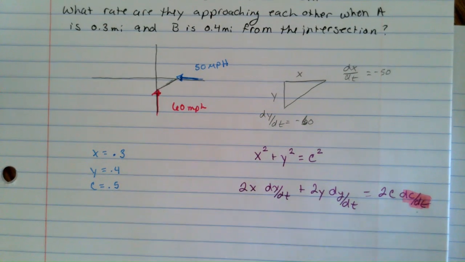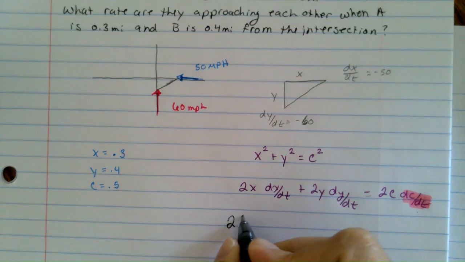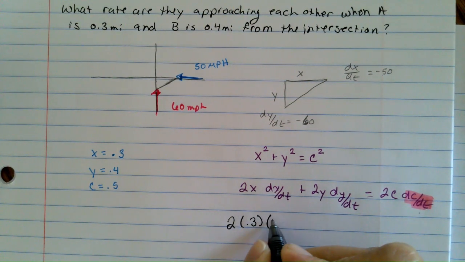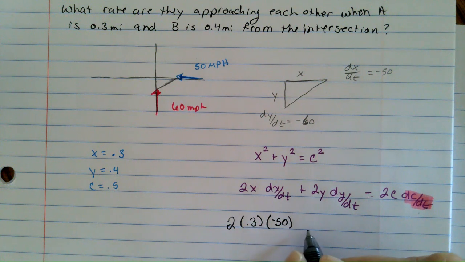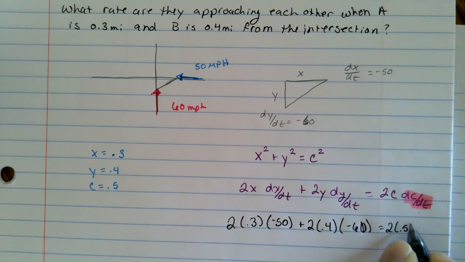So we want to solve how fast they're going to be coming at each other, right? Assuming neither of them put their brakes on. So 2 times x times dx dt plus 2 times y times dy dt equals 2 times c dc dt.